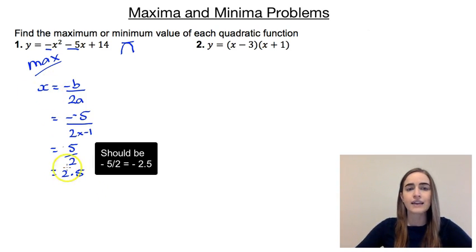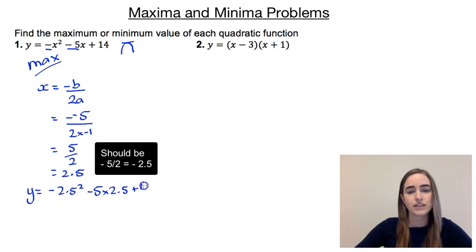That tells us the x value that will give us our maximum, but we actually need to find the maximum value. So we substitute that 2.5 back into the equation we had at the start. We'd have y equals minus 2.5 squared minus 5 times 2.5 plus 14.